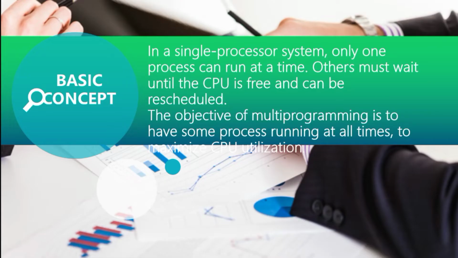So the basic concept of the CPU scheduling, just like in a single processor system, since the single processor system can only process one program at a time, others must wait until the CPU is free and can be rescheduled. So that is why we have multi-programming to make the process running at all times to maximize the CPU utilization.